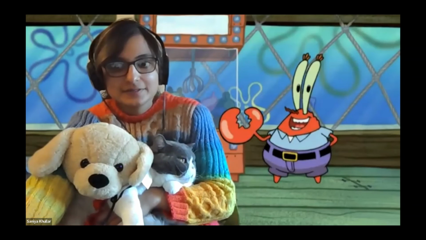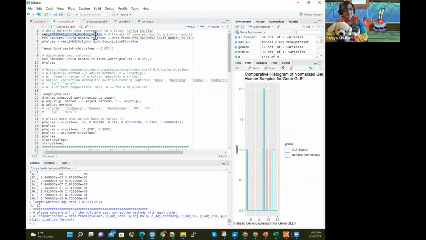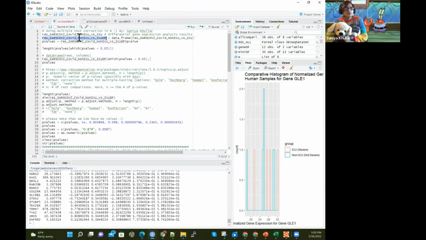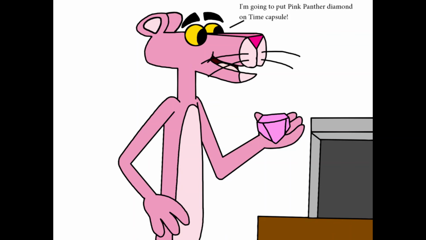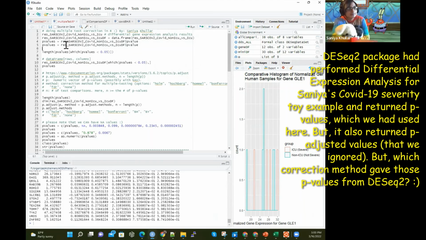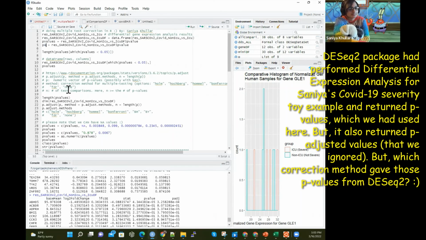One thing we can do is see if we can find out which mystery adjustment method the DESeq returned to us, because it gives us this adjusted p-value right here. And we can see which one it corresponds to. I can just take this and similarly have a p.adj column, a vector, and I can add this, call it p.adj, and we can see which one this is. This is just equal to p.adjusted.